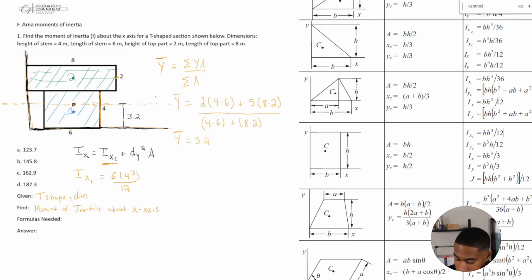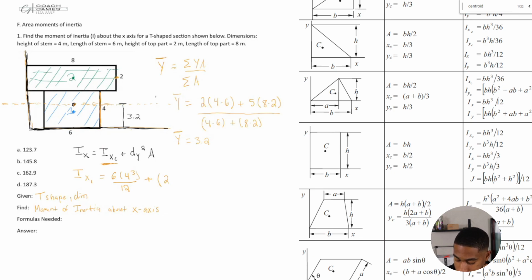What's our dy? Well, it's the distance between the two reference points. So the centroid of the actual part 1 is going to be 2, right?